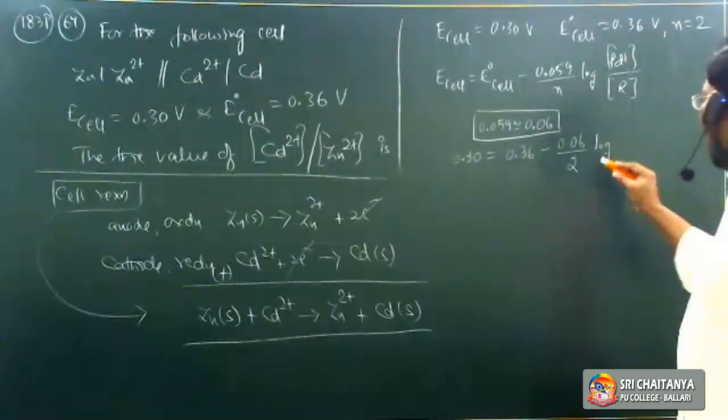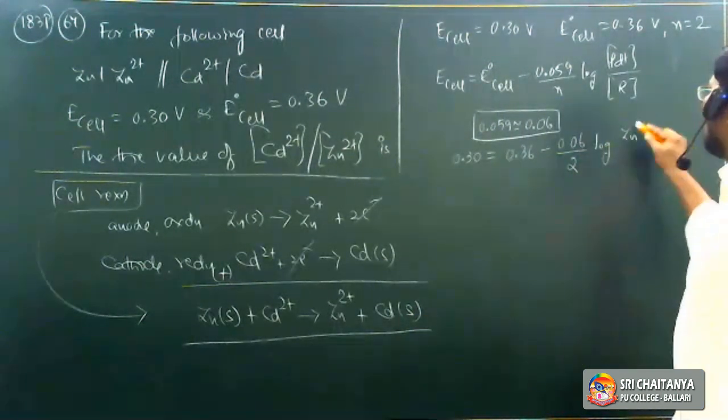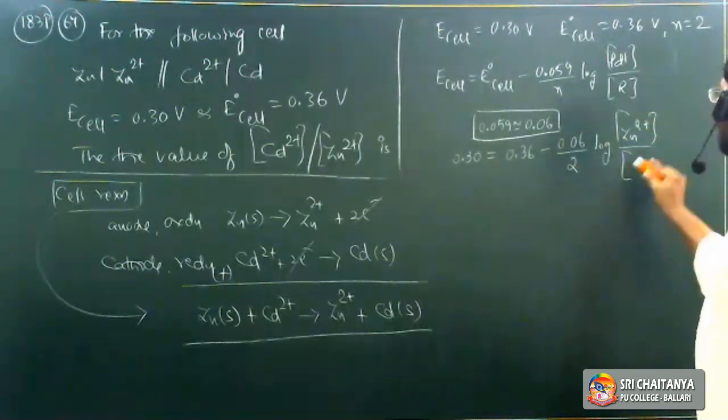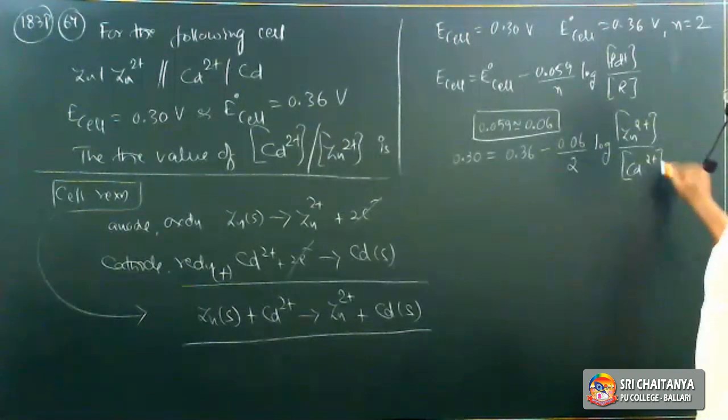So we write log of Zn2+ divided by Cd2+. This is the way.